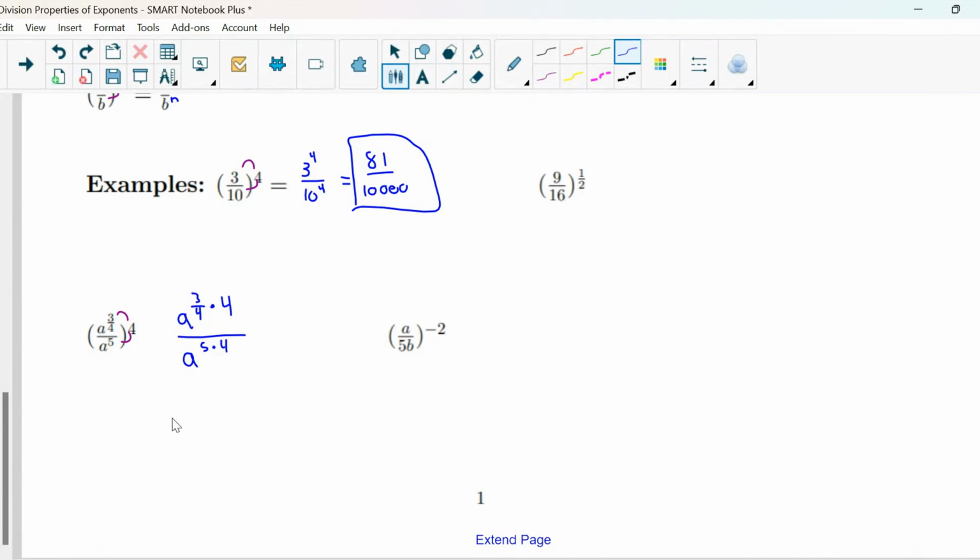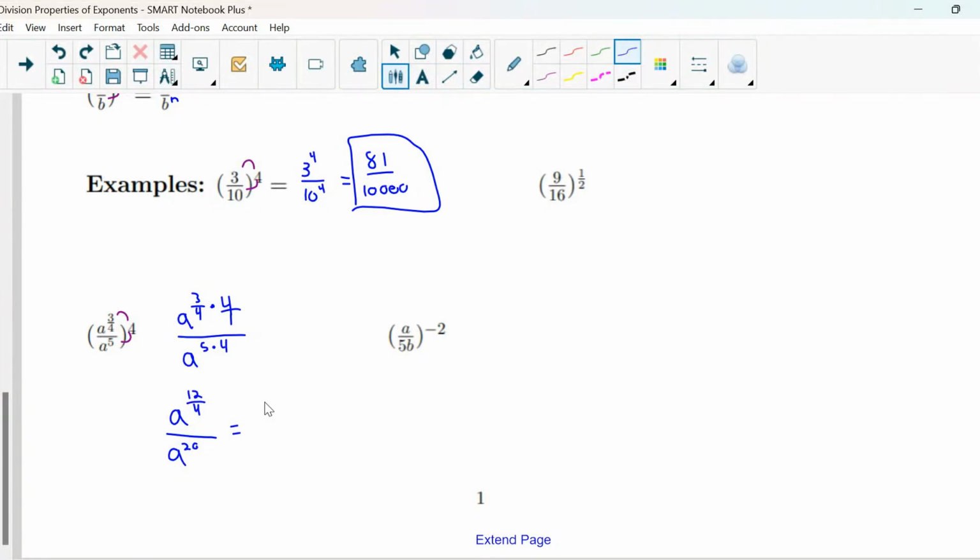So in my numerator here, I have a. I'm going to turn 4 into 4 over 1. So 3 times 4, which is 12, over 4 times 1, which is 4, all over a to the 5 times 4, which is a to the 20th.